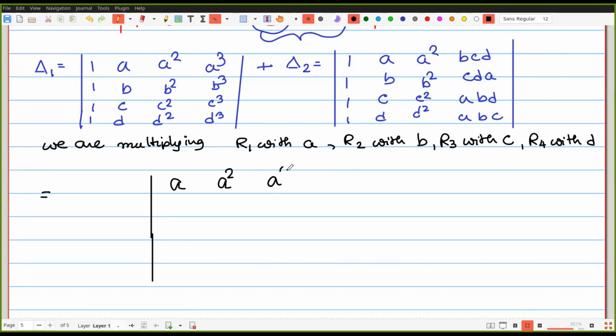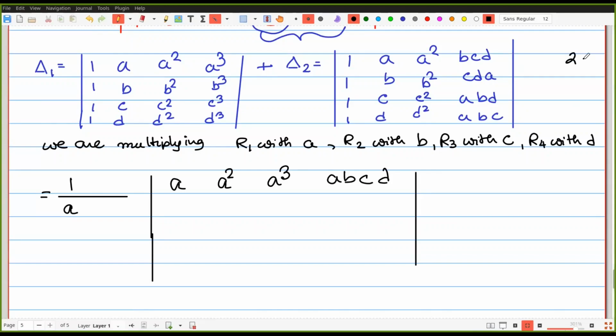That means A cube, and A, B, C, D. When we are multiplying the A, so that means A should be divided. Otherwise, how we can write that one is equal to that one?